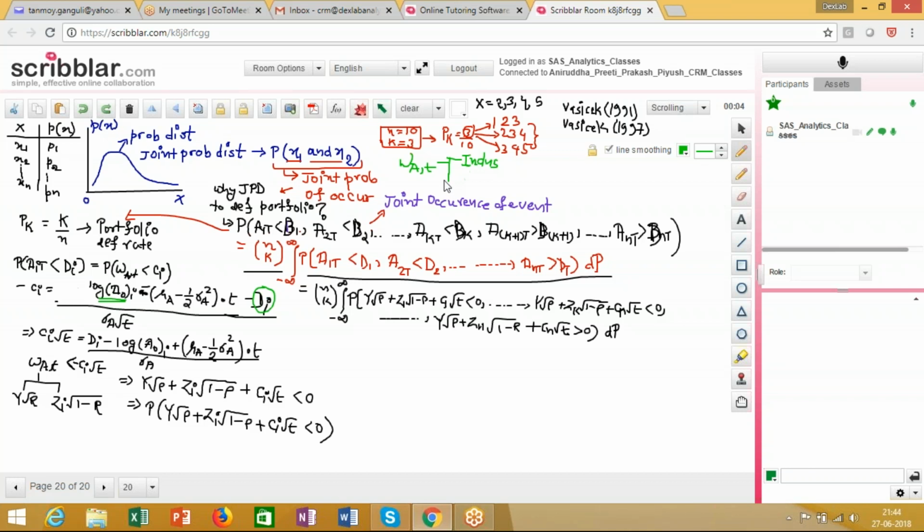The company specific risk is the risk which is specific to the company, right? So what we are saying over here is that the Wiener process is comprised of two parts. One is the industry specific risk, and the other is the company specific risk.